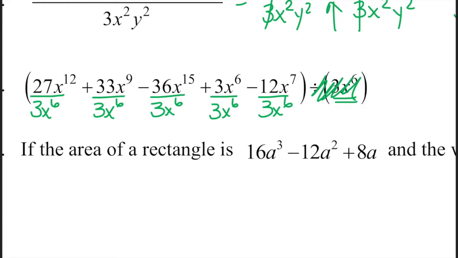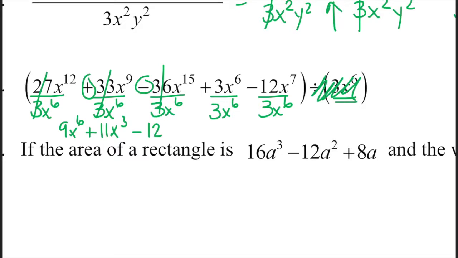27 divided by 3 is 9. Let's see if I can have space to put it down here. X to the 12th divided by x to the 6th is x to the 6th. Keep this plus. 33 divided by 3 is 11. X to the 9th divided by x to the 6th is x to the 3rd. Keep the subtraction. 36 divided by 3 is 12.